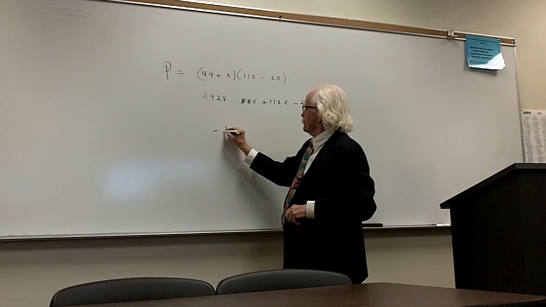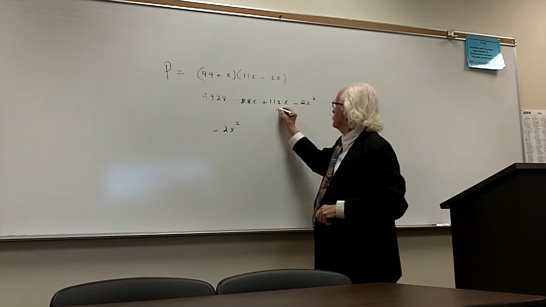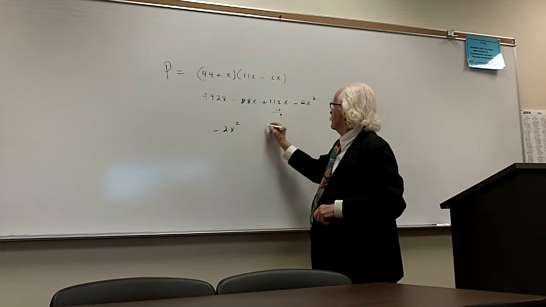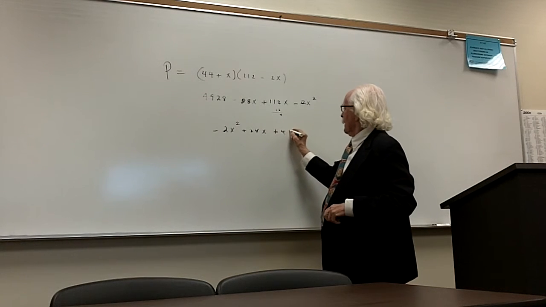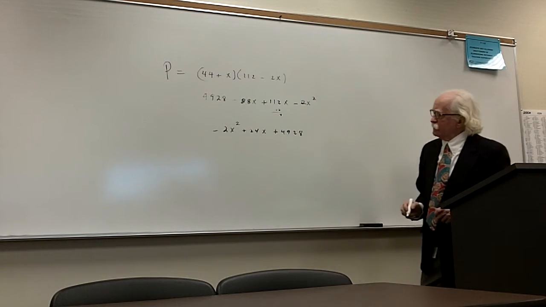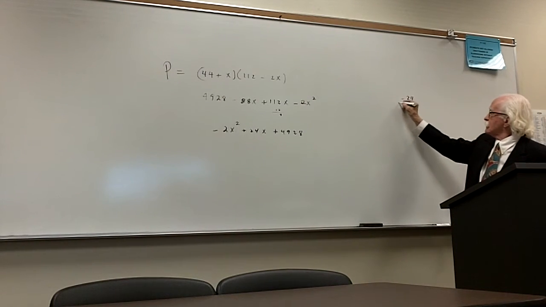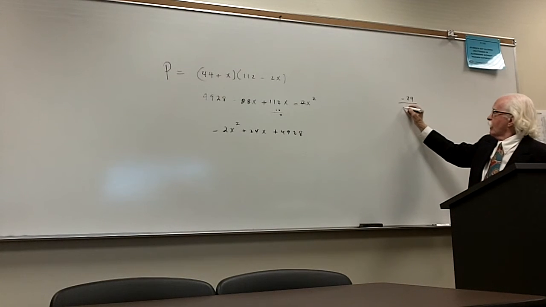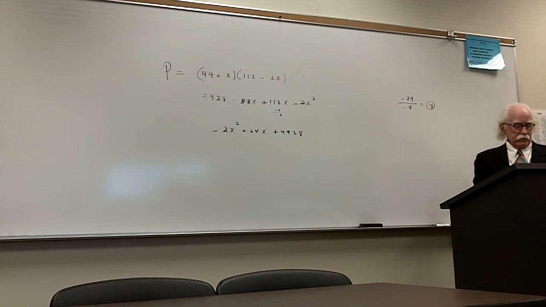This is going to be minus 2x squared plus 24x plus 4,928. Everybody see that now? That's going to make this a minus 24 divided by a minus 8, which is what? You add 3 extra cows and that's all. You can only add 3 extra cows.